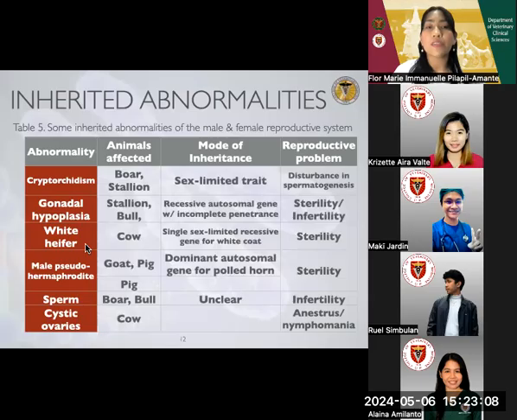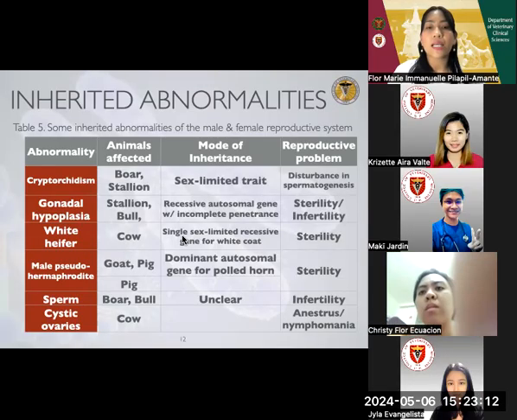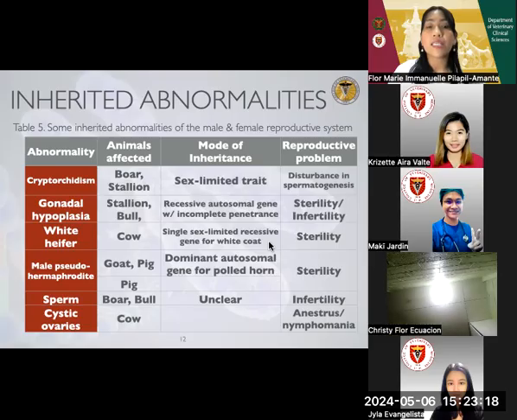So the white heifer syndrome that can be seen in cows is due to recessive genes for white coats. So for animals that are purely white, they can have this white heifer syndrome, wherein the female reproductive tract did not develop properly.